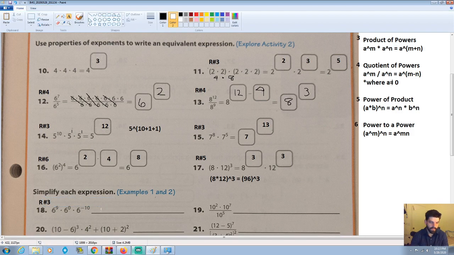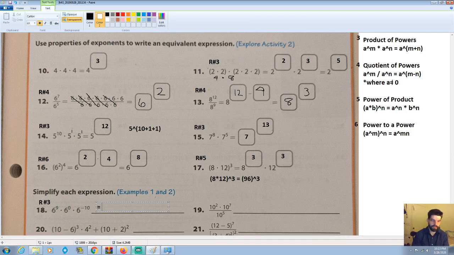So we're going to add these exponents together. So I'm going to illustrate this as 6 to the 9 plus 0 plus negative 10. I want to be careful with our negatives here. So 9 plus 0 is 9, plus negative 10 is equal to negative 1.